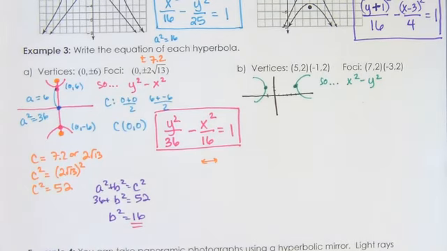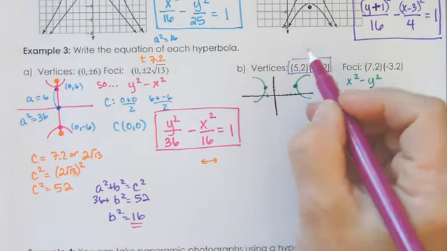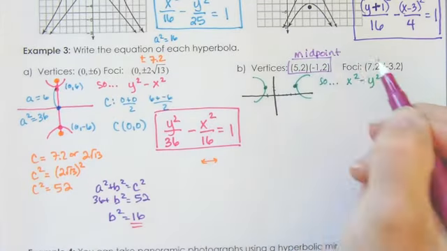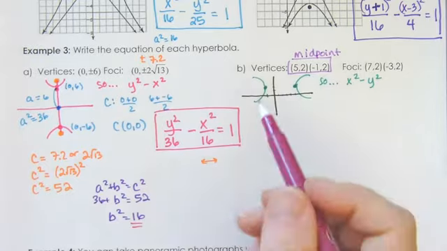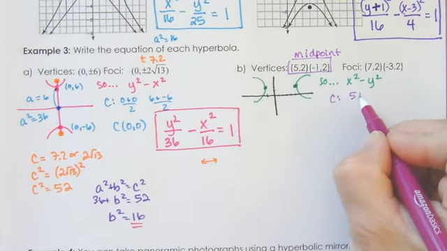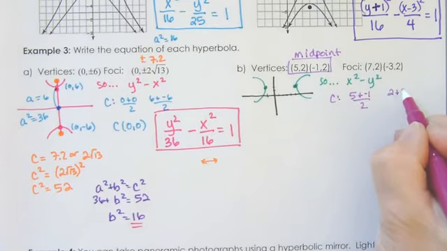I need the center. The center is going to be in the middle of my vertices. So I'm going to do my midpoint formula. And that's one that I'm not going to give you. You need to memorize that one. It should be pretty easy. Add the x's and divide by 2. 5 plus negative 1 divided by 2. Add your y values and divide by 2.